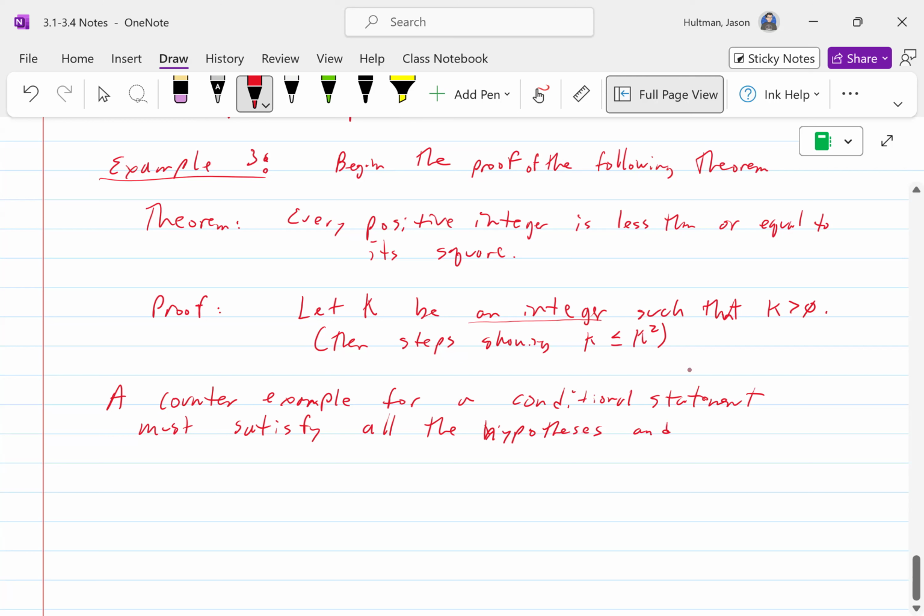So all the hypotheses must be true, but the conclusion must be false.